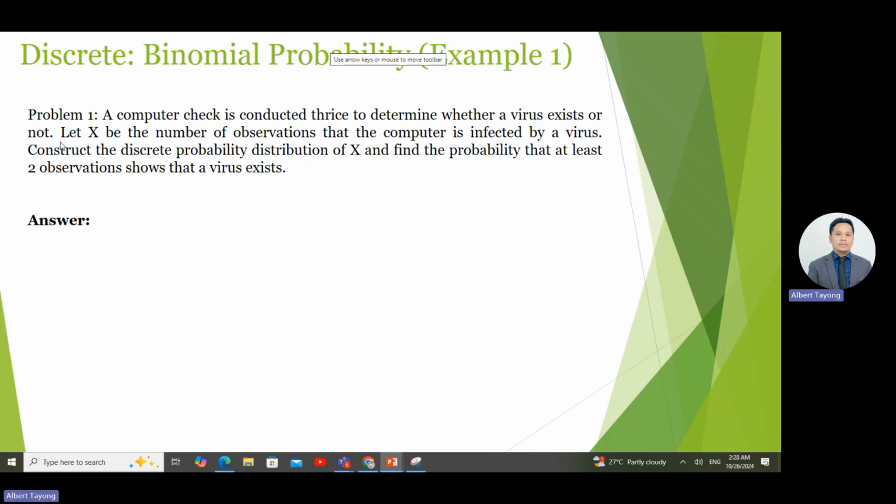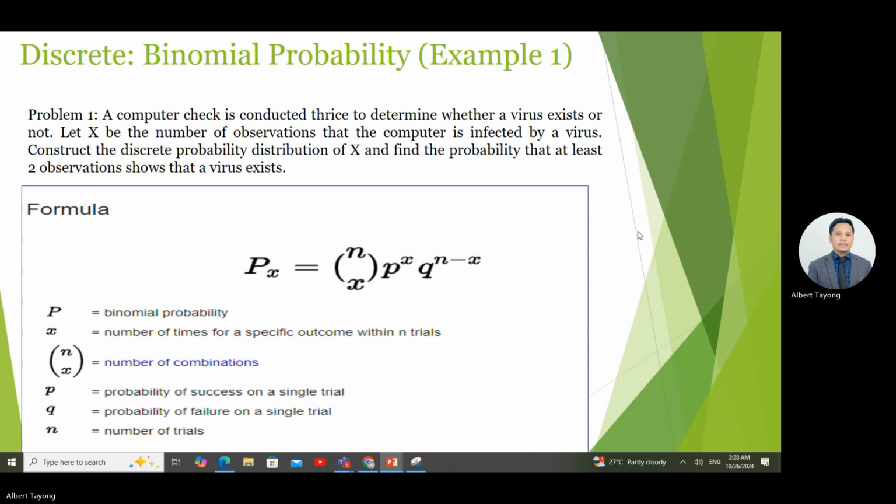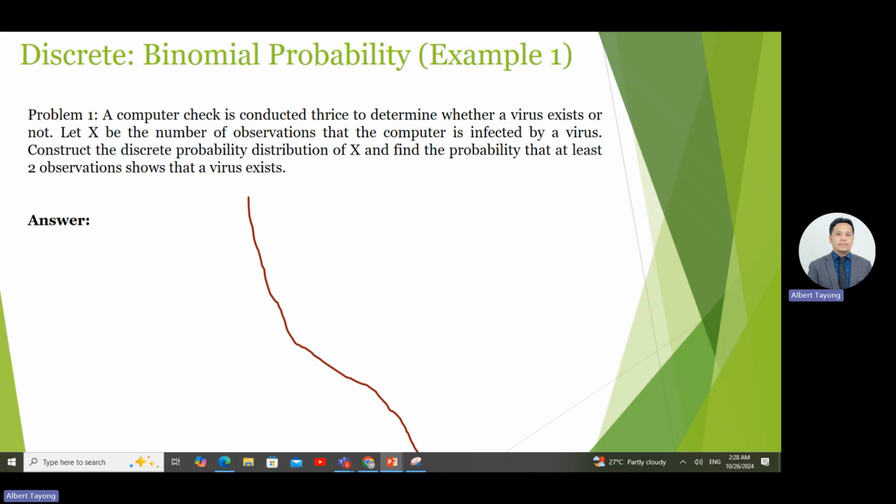Assuming that x is the number of observations that the computer is infected by a virus, you're going to construct a discrete probability distribution of x and find the probability that at least 2 observations show that a virus exists. Okay, so the formula, as I mentioned, is n choose x times p to the x times q raised to the power of n minus x. So let us identify all of these variables.